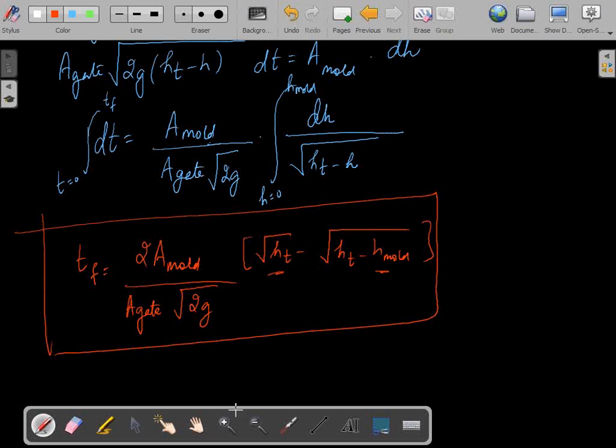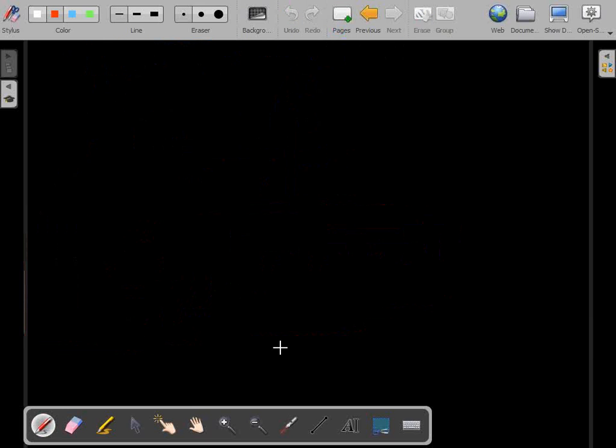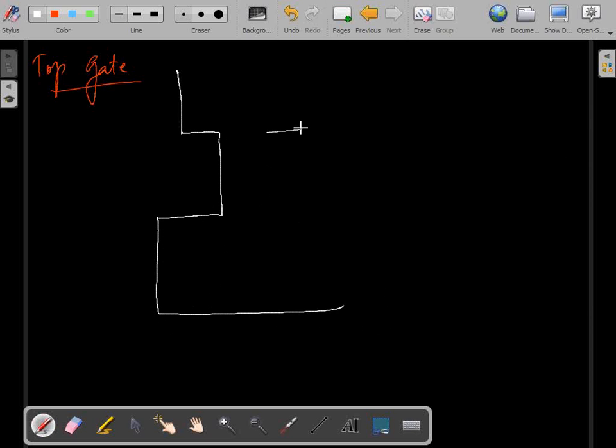Let us move ahead. Let's now come to top gate. Top gate, as the name implies, will have molten metal coming in from the top. So your cavity would be like this. This is the pouring basin, this is the sprue, and this is the gate.